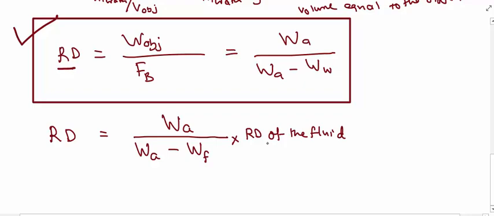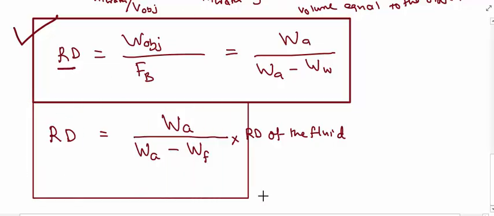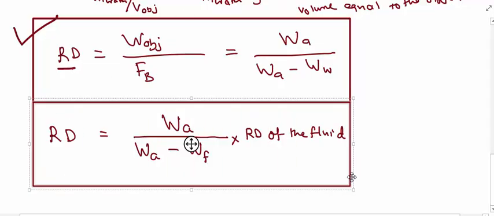In this case we did not have RD of water over here because RD of water is 1, whereas if you are using another fluid you will have to multiply the relative density of the fluid. So this is one more equation for finding out relative density when you are using a fluid other than water.